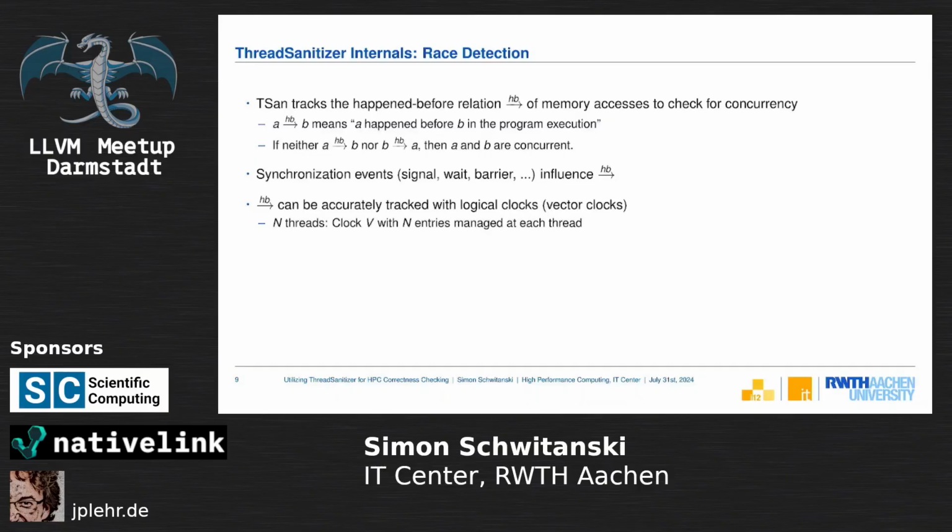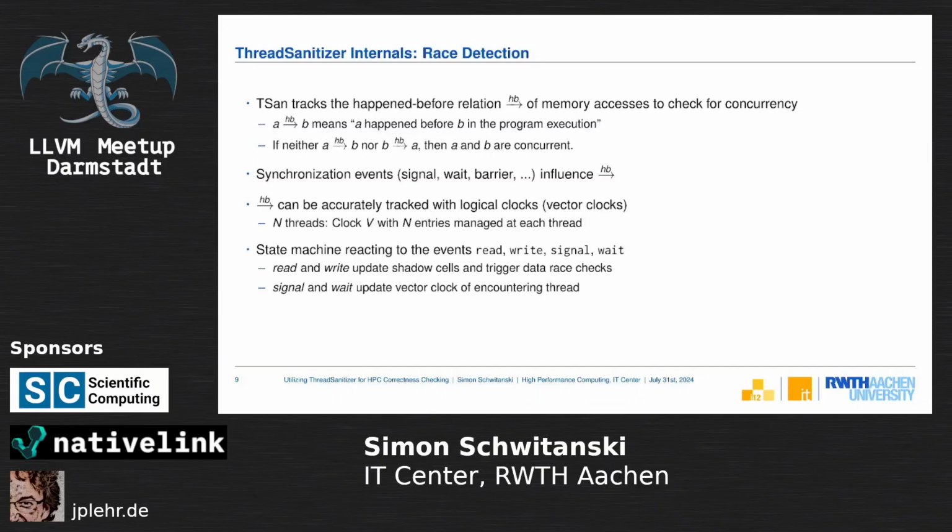And you can track this happens-before relation accurately with logical clocks, which is just a clock that you increment when you have a synchronization event, and have for n threads a clock with n entries that is managed at each thread. I'm not going into the details here, but in the end it's just counting the different events and then relating them to each other to understand, okay, is there a data race or not?